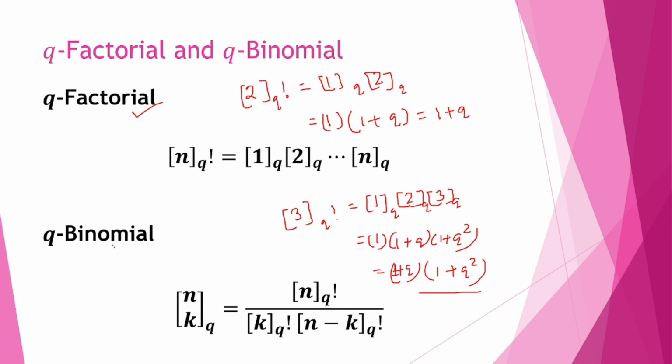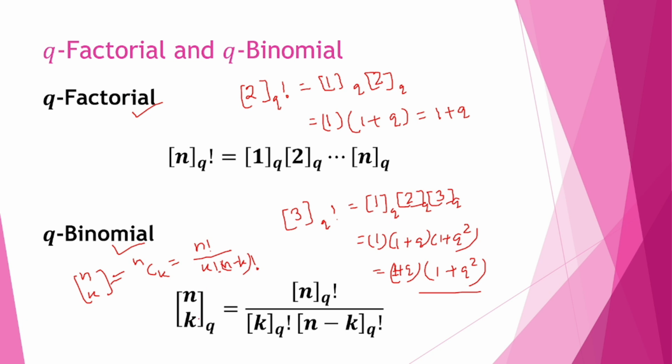Next is the binomial, another concept, that means n choose k in the q case. In the classical case, what do we write? n k means n combination k, and this is n factorial by k factorial into (n minus k) factorial.